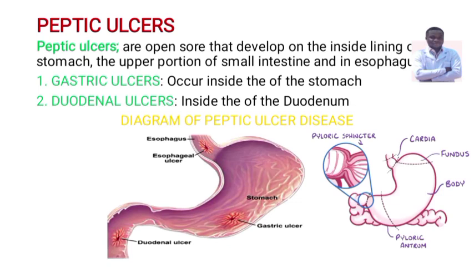The duodenum is the part of the small intestine found in the upper part near the stomach. Our stomach is divided into four parts: the cardia, the fundus and body, the pyloric, and the pyloric antrum.